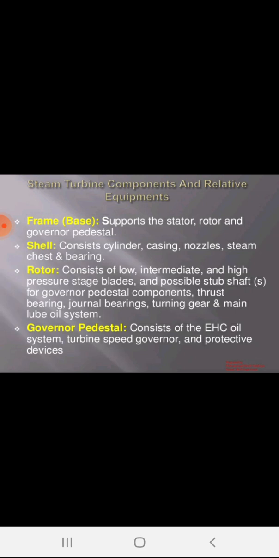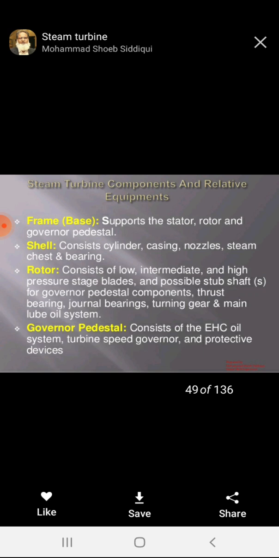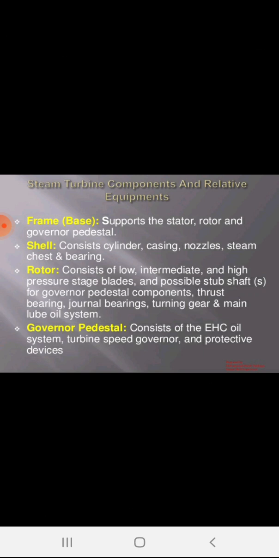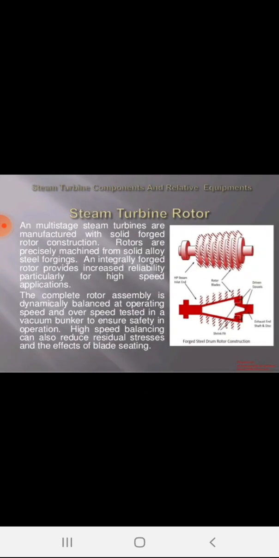The stator consists of the cylinder casing, nozzles and steam gland bearing. The rotor consists of the low, intermediate and high pressure stage blades. The front pedestal contains the thrust bearing, journal bearing, turning gear and main oil pump. The governor pedestal consists of the oil system, lubricant system, speed governor and protection devices.